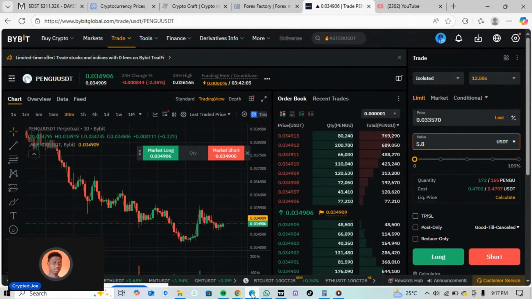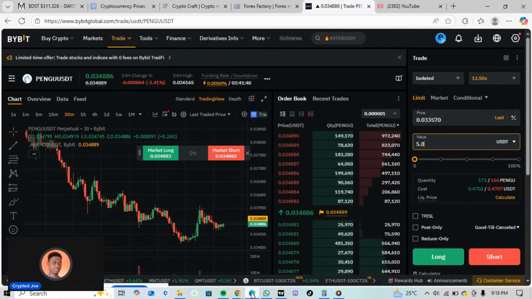Now, let's say for example you want to risk the $10 on that $20 account, the cost might be higher for you. That means you might require more USDT to open the trade for you.